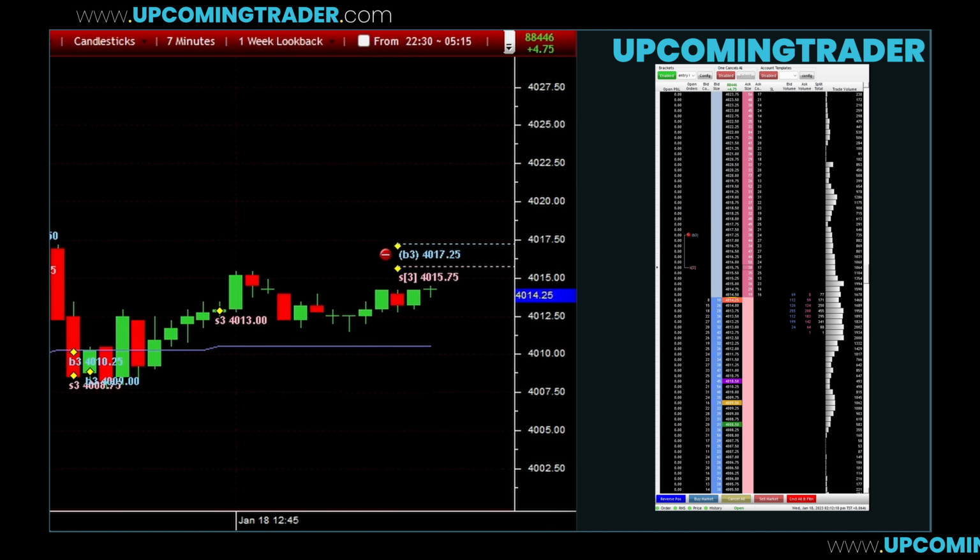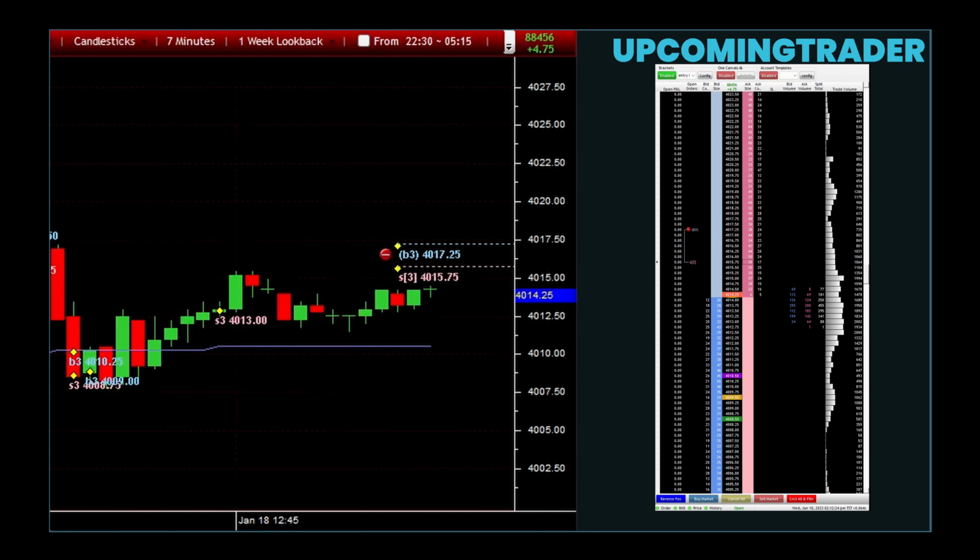When using the volume by price indicator, you can also benefit from recognizing key chart patterns that often align with these high volume areas. For example, if a high volume zone coincides with a double bottom pattern, it can serve as a strong indication of potential price support and a possible reversal upward.